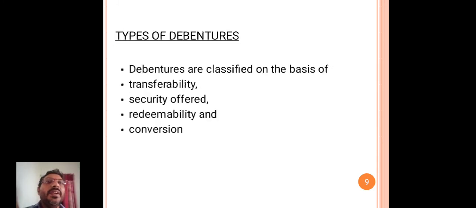Debentures are classified on the basis of transferability, security offered, redeemability, and conversion.